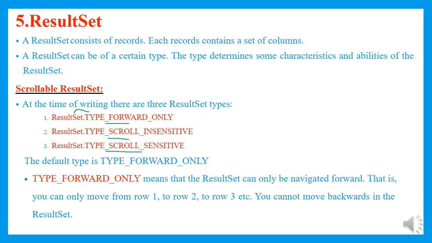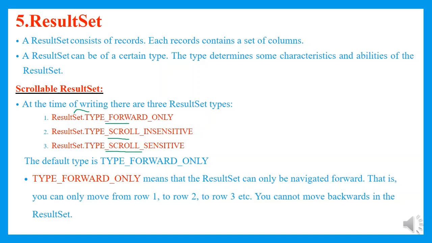Insensitive means if there are two threads performing operations on the same result set or the same table, and one thread is updating the table while another thread is retrieving, then whatever changes have been made by one thread to the ResultSet object will never affect the other thread.